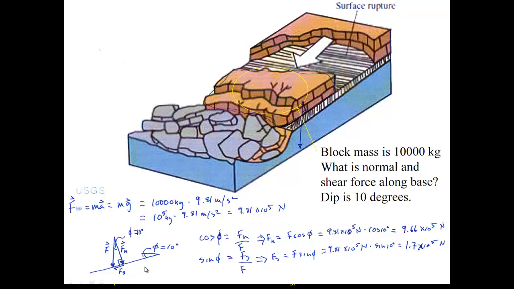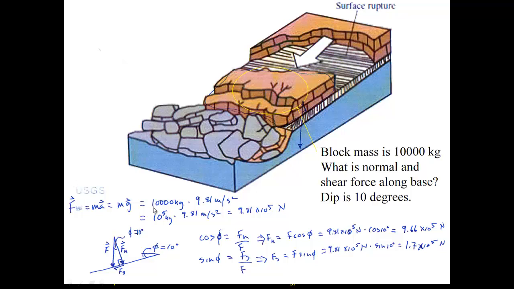By simple geometry, we can take this 10-degree dip to figure out that there's a 10-degree angle between the total force vector and the normal force component, and use this with our trig to determine the components.